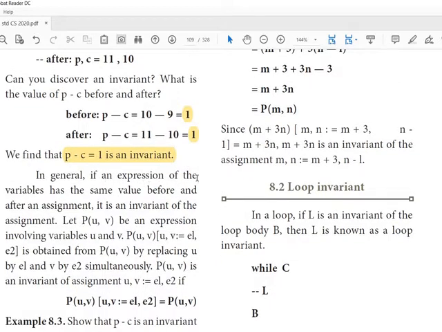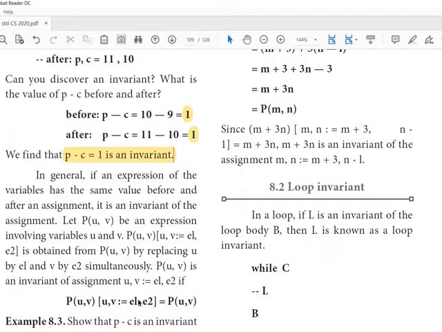In general, if an expression of a variable has the same value before and after an assignment, it is an invariant of the assignment. Let p of u comma v be an expression involving variables u and v, where u comma v colon equal to e1 comma e2 is obtained from p of u v by replacing u by e1 and v by e2 simultaneously.